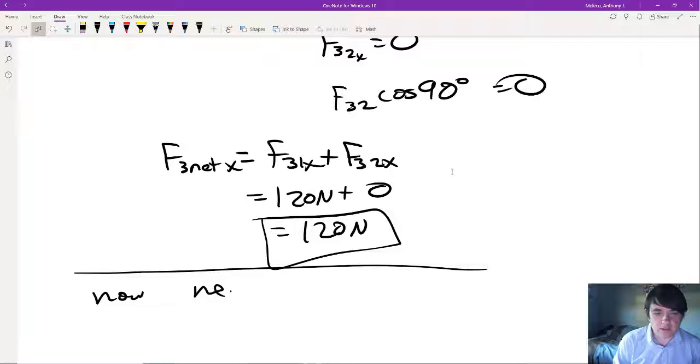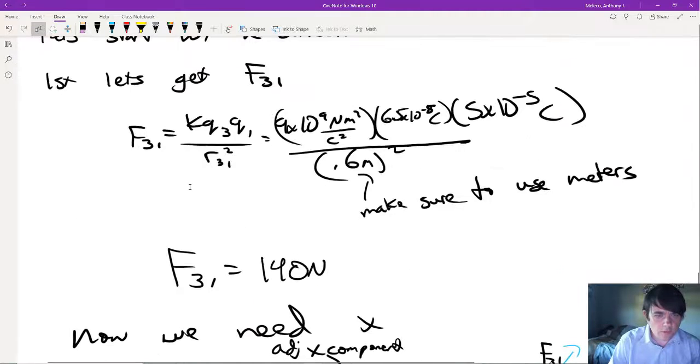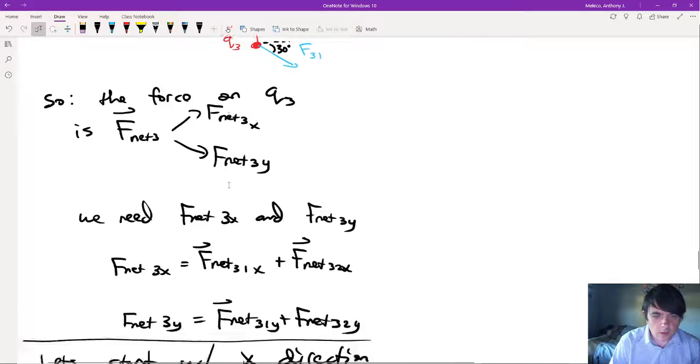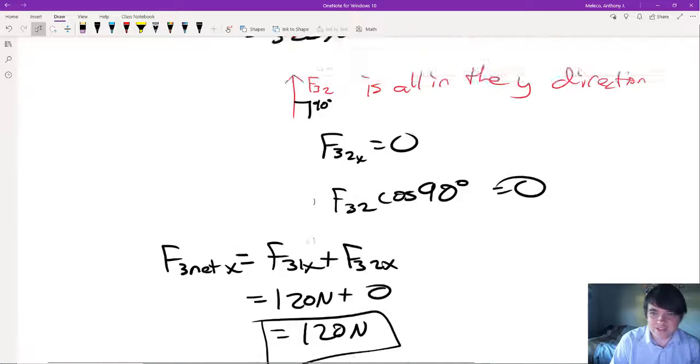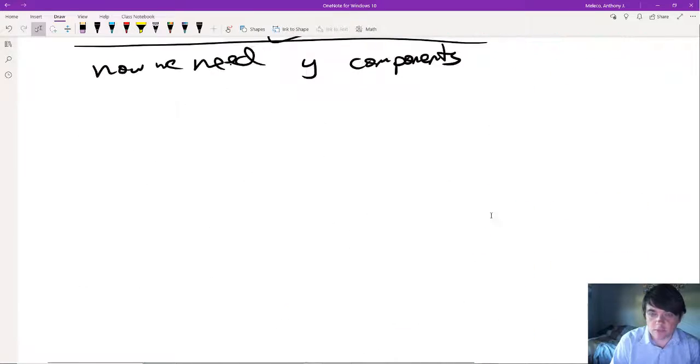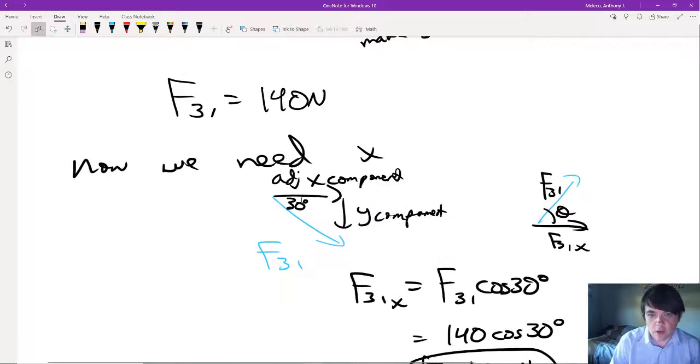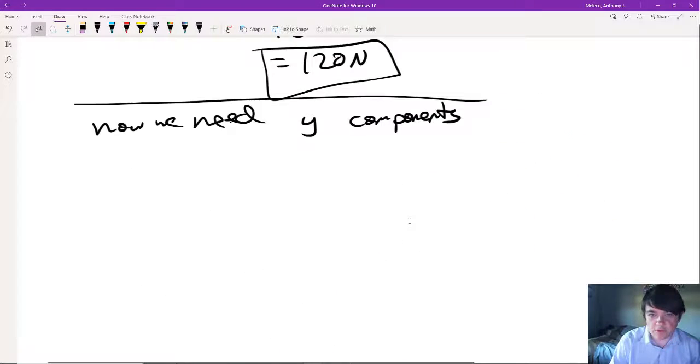Now we need the y components. If we look at this, we already have F31, which was 140 newtons. So we just need sine of that angle, right? If we go back to this, the opposite side is the y component, okay?